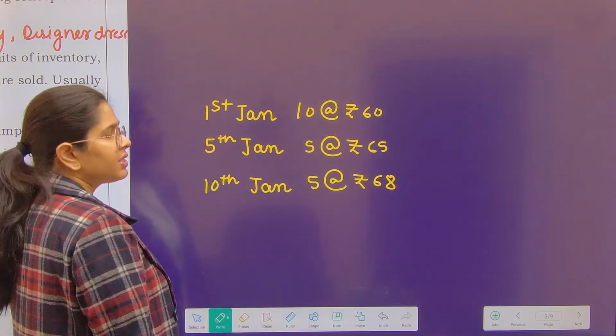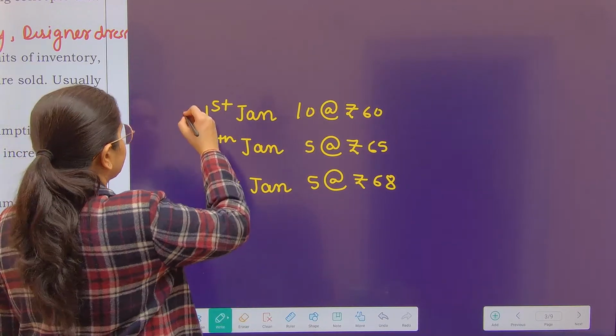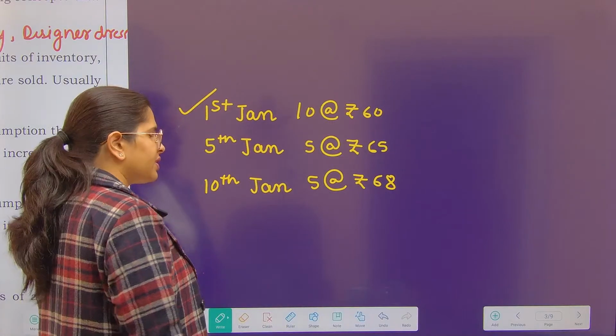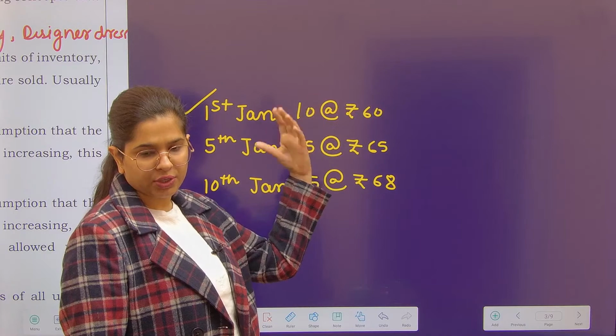First in, first out says to use the inventory that came to you first. I'll say this one, which came on 1st January. So they will say first utilize this for your production.